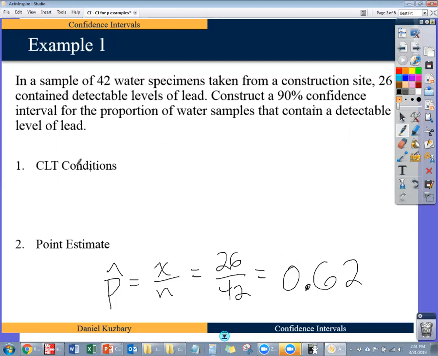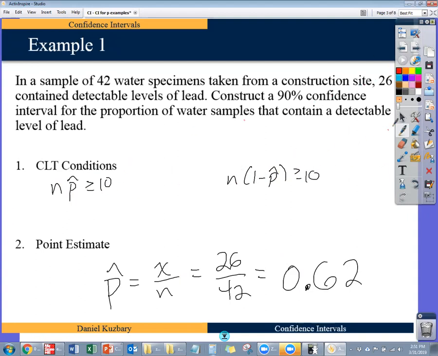But now that I have that, I'm going to do my central limit theorem condition. So I'm going to check n times p hat needs to be greater than 10, and I also need to check that n times 1 minus p hat is also greater than 10.